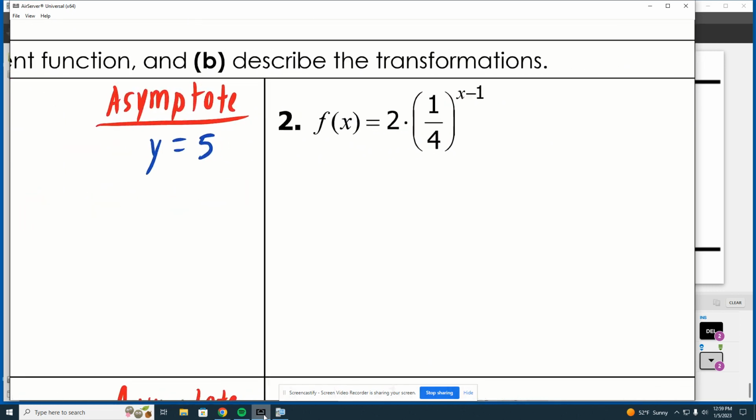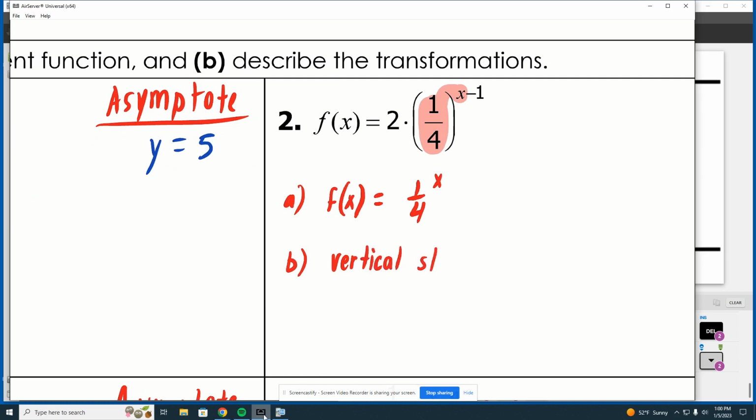Look at number 2, guys. Find your exponent and its base. That is our parent function. Anything that is not 1/4 to the x power represents a transformation. So what do we got? We got that 2 out front. What's that going to cause? Vertical stretch.